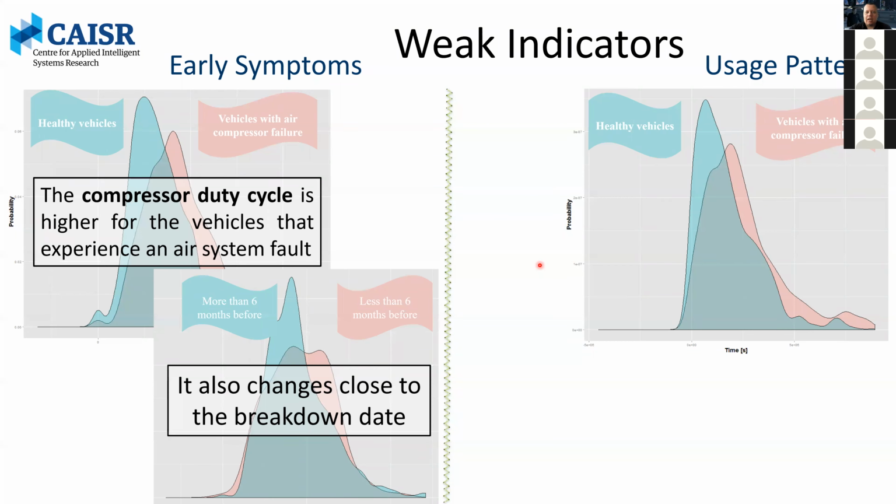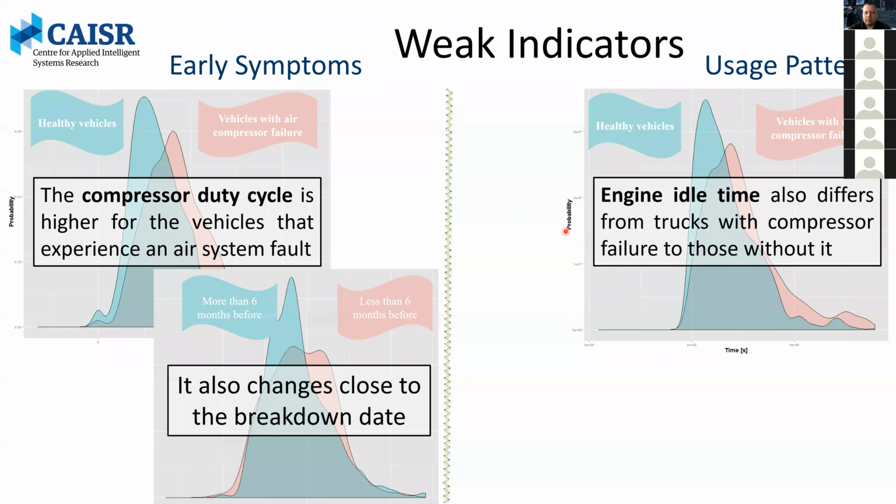But there is another type of pattern that is also interesting for predictive maintenance. If we look at the same population of vehicles, we still look at compressor failures, but now we are looking at a different signal, engine idle time. We see that that signal also differs between vehicles with failure and those without failure.